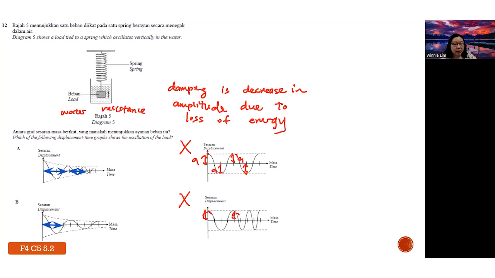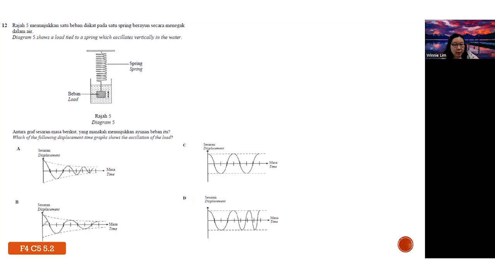Like this one, they take 4 boxes to complete one oscillation. Similarly, this one also says 4. Okay, I remove the arrow, I show you again. 1, 2, 3, 4. So this is one complete oscillation. 1, 2, 3, 4. So the period remains constant. That's why the answer is B.